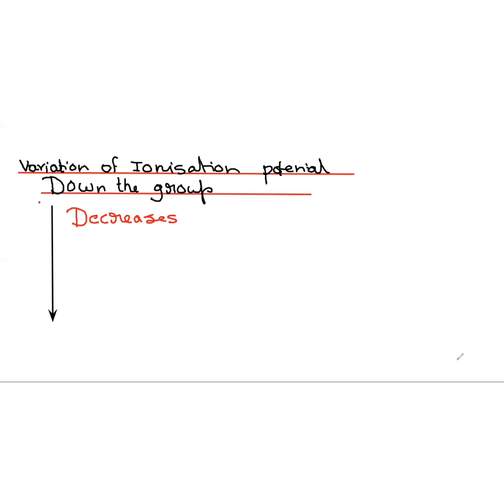Now, how is the ionization potential going to vary down the group? All these things are related to the previous properties. As we know, down the group, the nuclear force is getting weak. When the nuclear force is getting weak down the group, it means the energy required to remove the electron is also less.